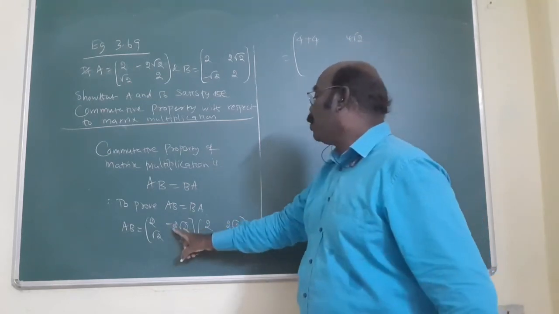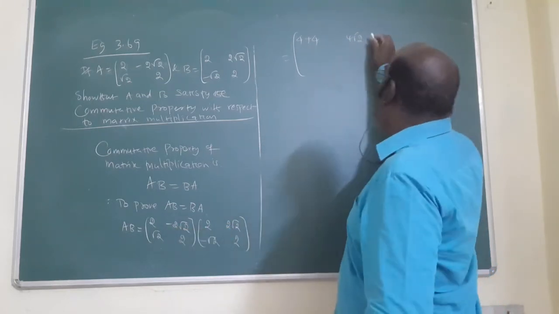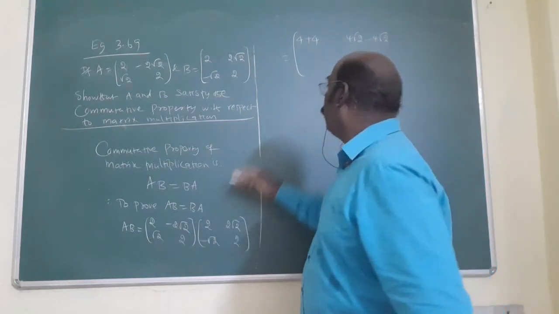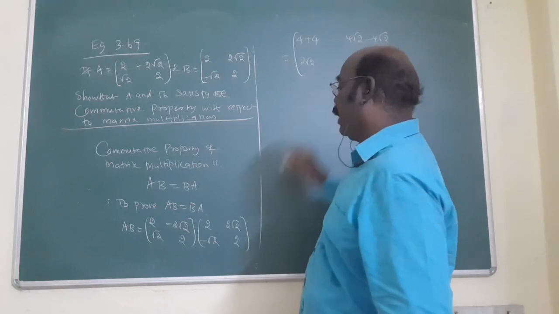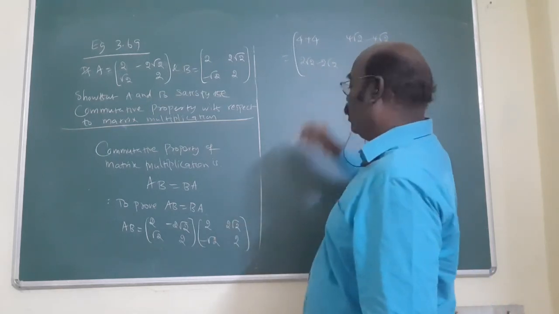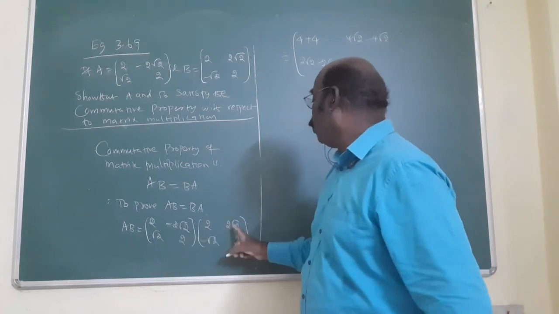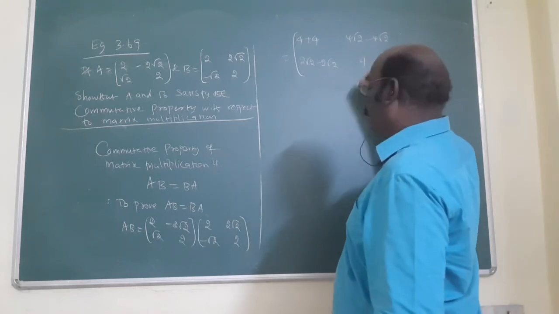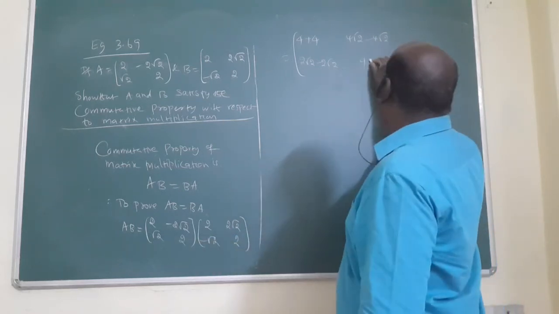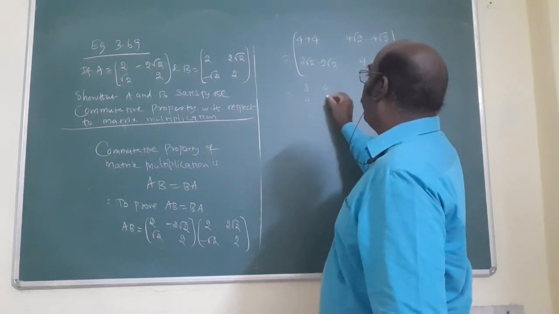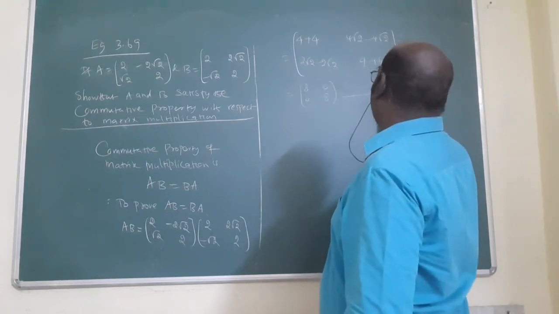Again minus 2 root 2 into 2, minus 4 root 2. Next say root 2 into 2, 2 root 2. Next say 2 into minus root 2, minus 2. Next is what? Root 2 into 2 root 2. Root 2 into 2 and 2 is 4. In this way you want to multiply. 8 and 8, 0, 0. This is the first answer.